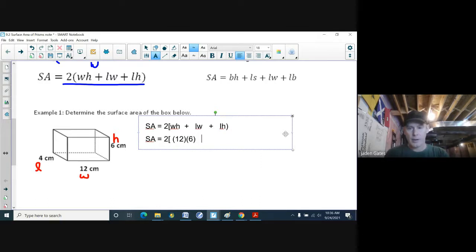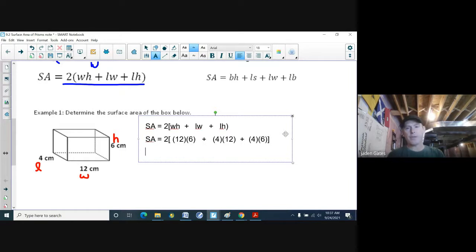Now plus L times W: on my diagram, one's 4, one's 12, so I'm going to have 4 times 12. Then the last one is L times H. L is 4, H is 6, so I'm going to have 4 times 6.